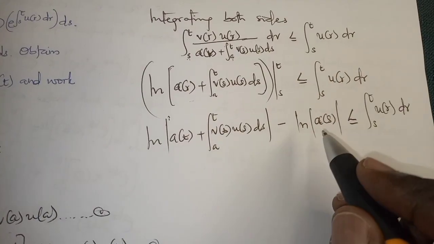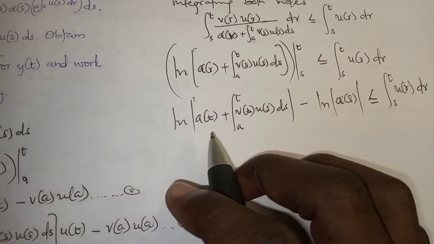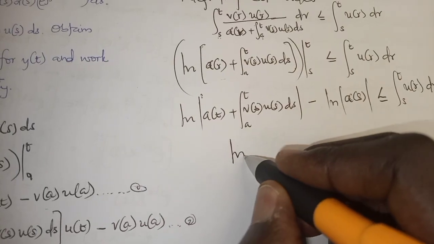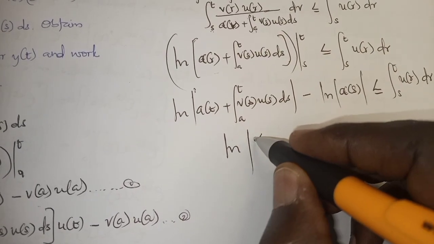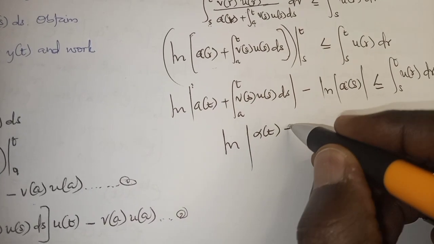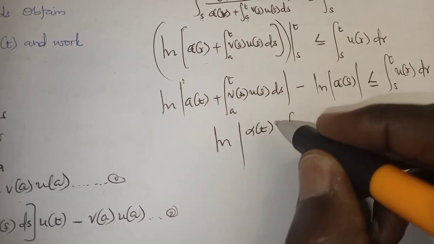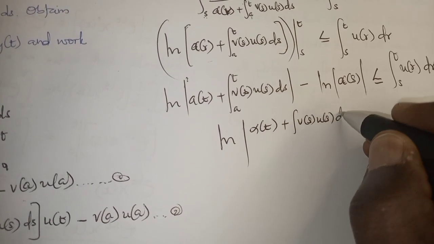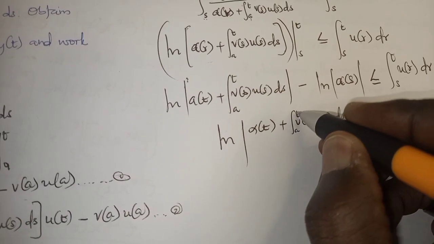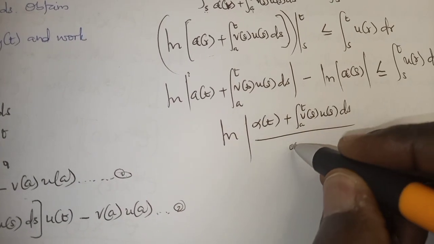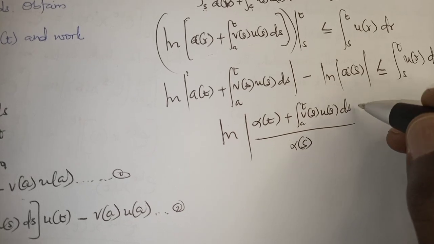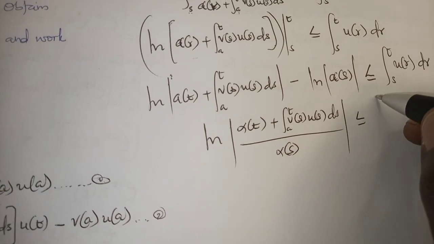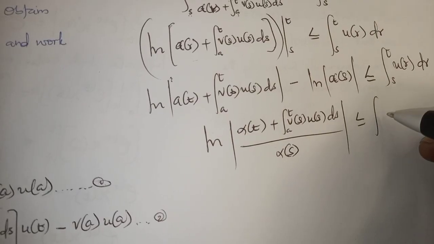Then we simplify this using the logarithm rule. So we have the ln of alpha of t plus the integration of all the functions, the x a to t divided by alpha of s, so less than or equals to the integral expression on the right.